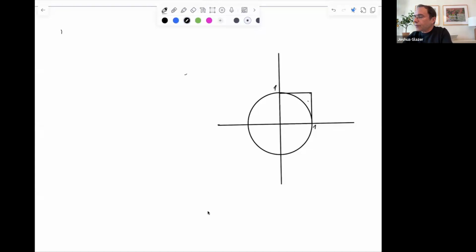I guess we'll have to do it again. Okay, so basically, we all agree that since the radius is 1 and the area of the circle is pi r squared, then pi should be the area of the circle.